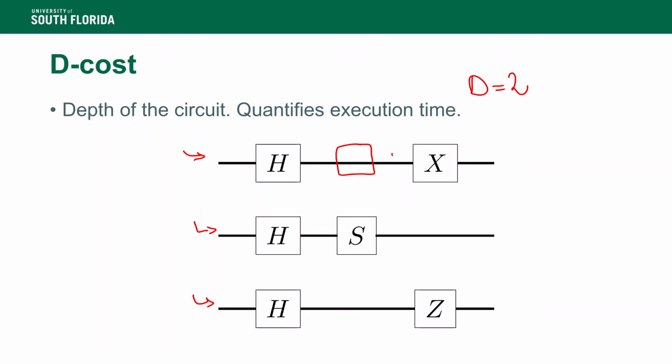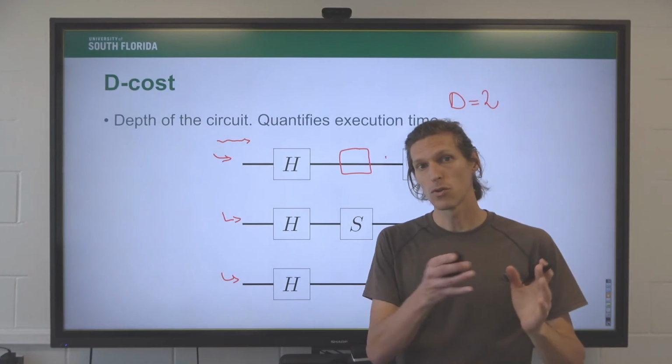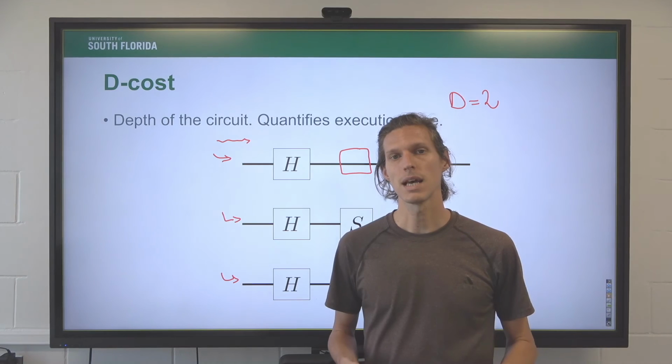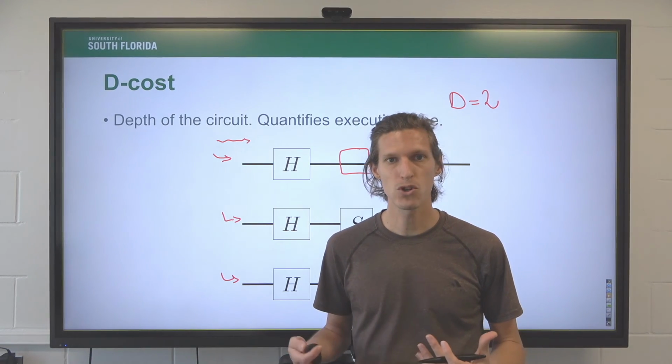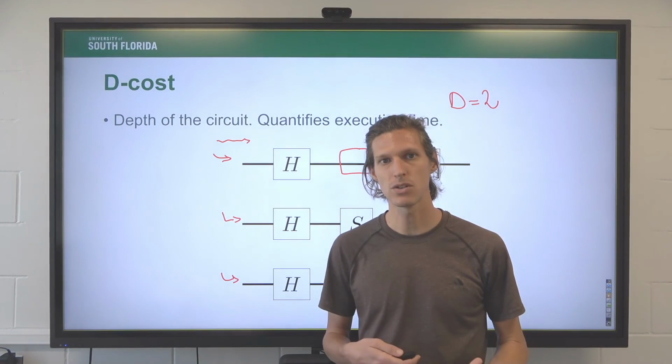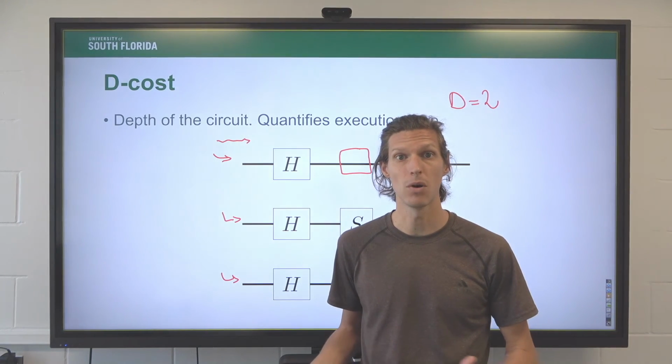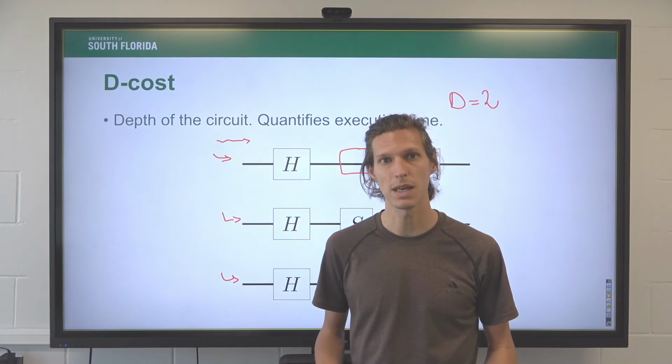And so this tells you the amount of effort that you have to produce to go from the beginning of the circuit to the end of the circuit. Okay, so that is essentially proportional to the time that your circuit will take to execute, and we want that time always to be as small as we can.